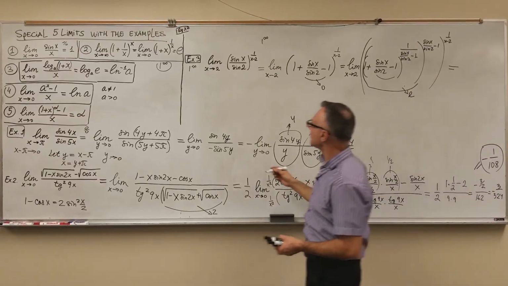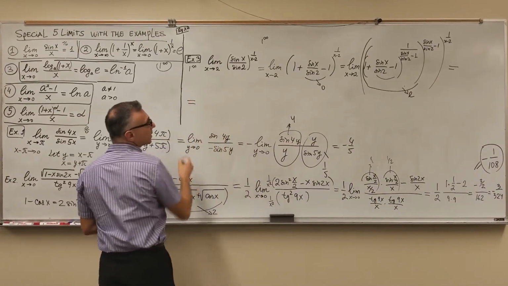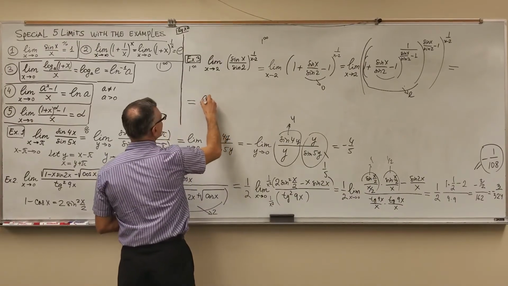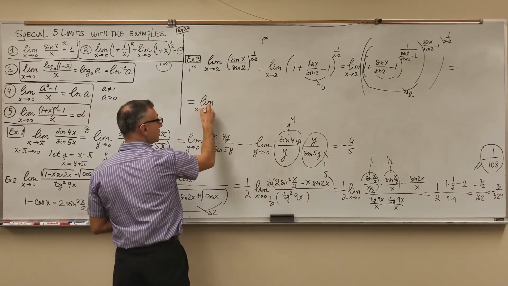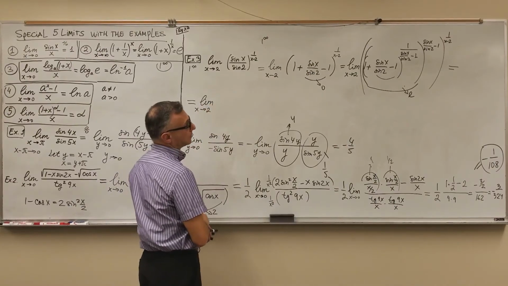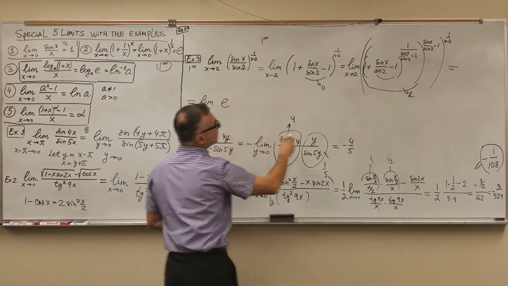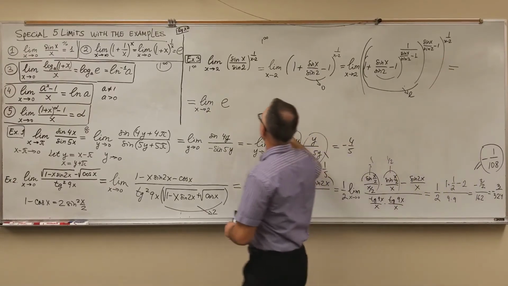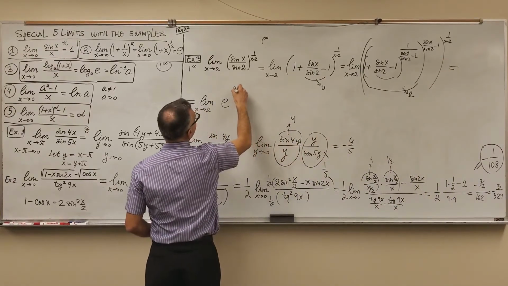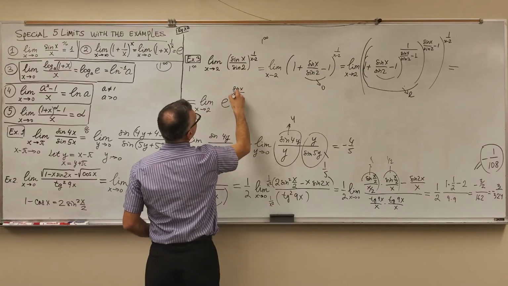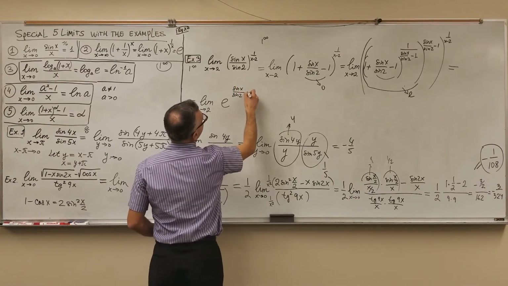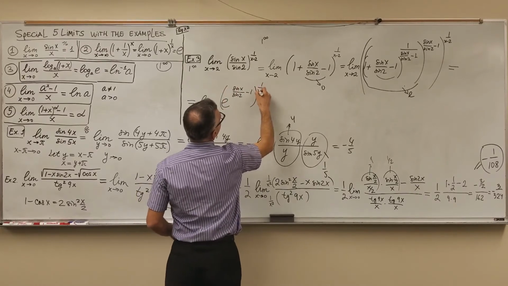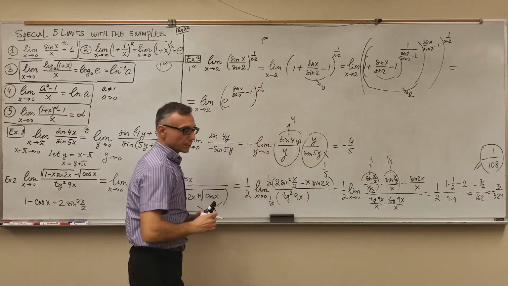Let me continue the next line, and it's equal to, and again, it's a limit, x goes to 2, I have e to this power: e to the power of (sine x over sine 2 minus 1), with power 1 over x minus 2.